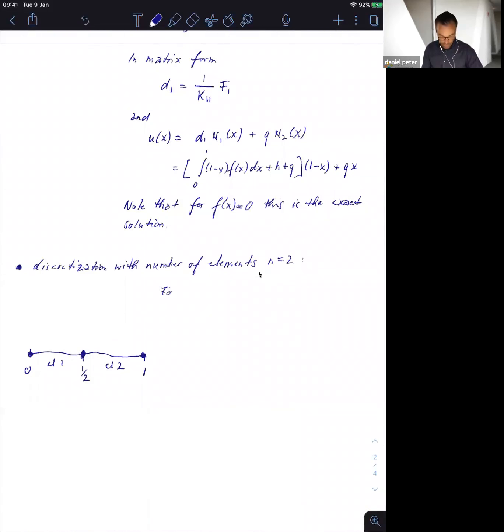For test function w of x, we have 2 shape functions. So we can write w of x is equal to c1 times n1 of x plus c2 times n2 of x, again for x between 0 and 1.